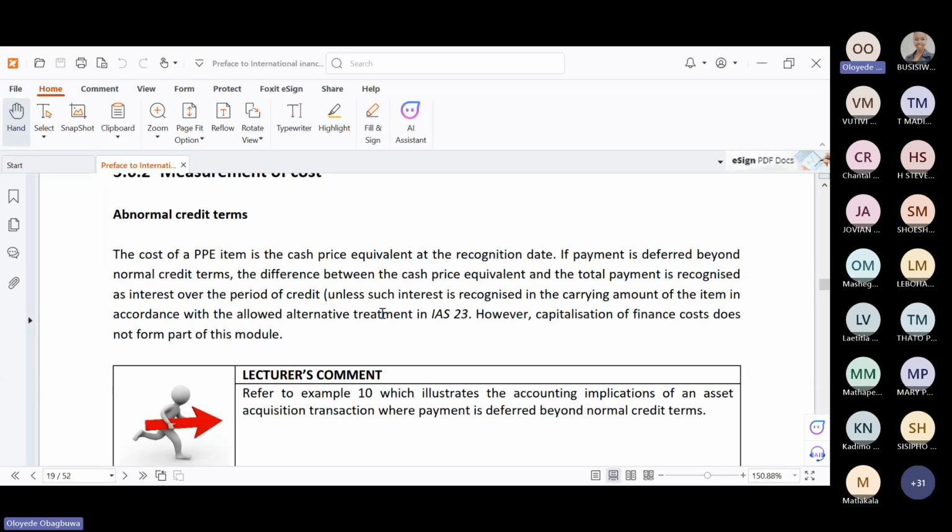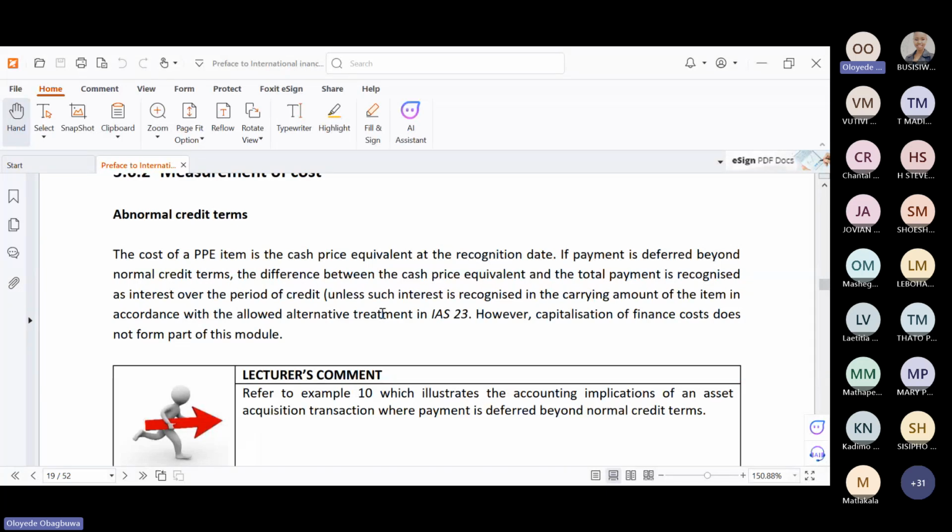Okay? However, capitalization of finance cost does not form part of this model. So we will not really bother ourselves. But what they are saying is that sometimes you may purchase an asset and you may not pay for that asset immediately, or you may not pay the total amount immediately.